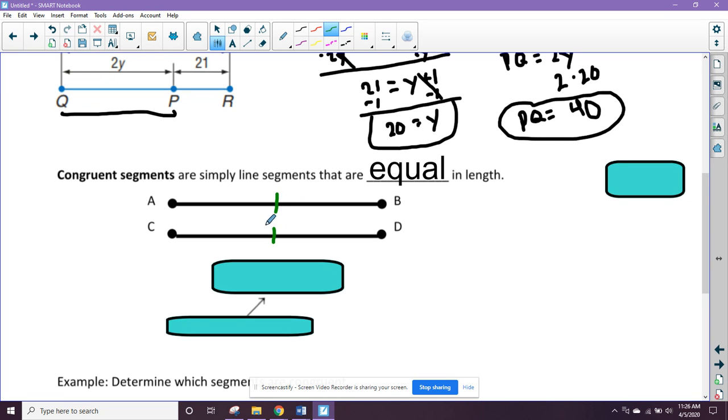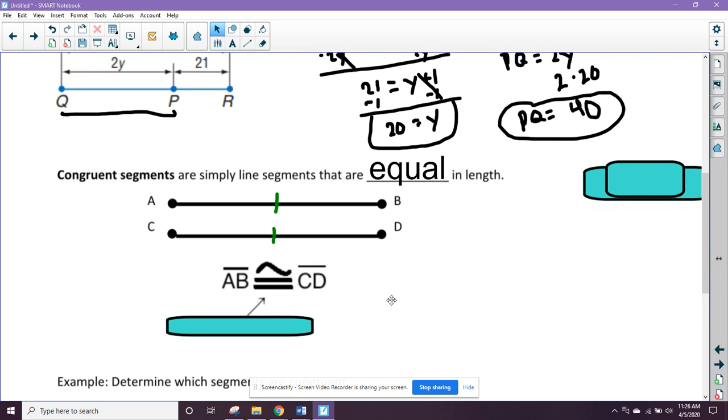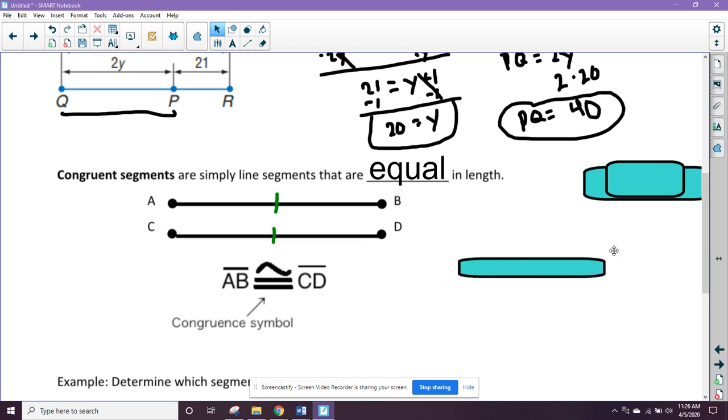So there's one tick mark and one tick mark. So AB is congruent to CD. And we write that by showing this statement here. Segment AB is congruent to segment CD. And this is our congruent symbol. It's the equal symbol with a little tilde above it. So a little squiggly one line.